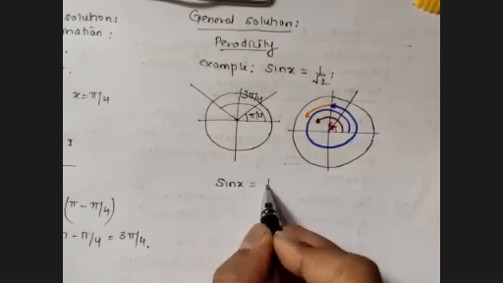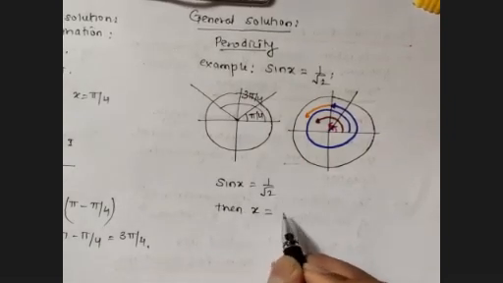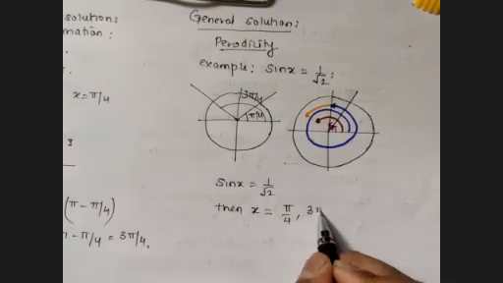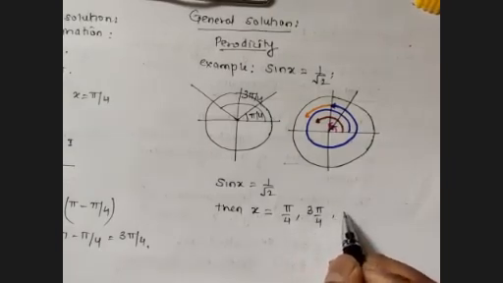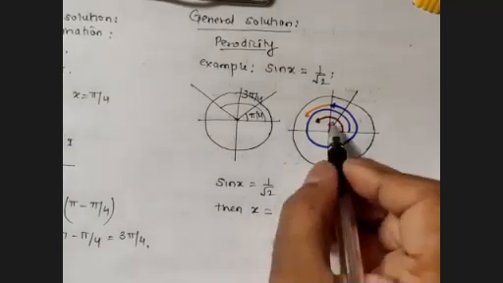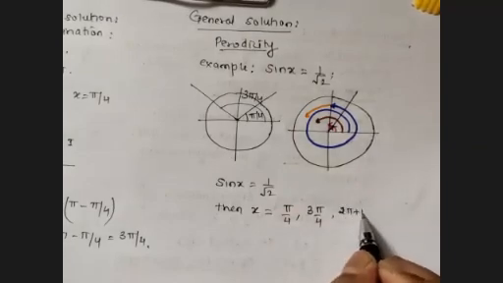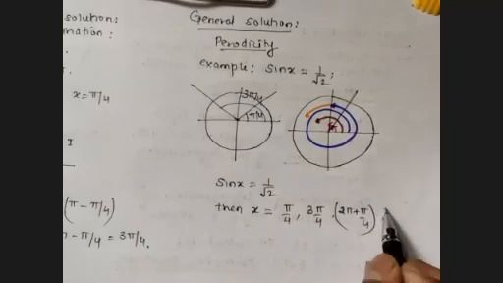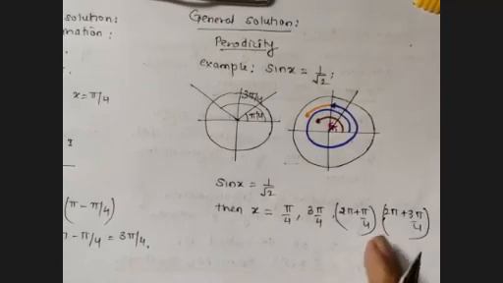If we say it is 1 upon root 2, then x can be pi by 4, it can be 3 pi by 4, it can be 2 pi plus pi by 4 after one circle, it can be 2 pi plus 3 pi by 4 after one circle.